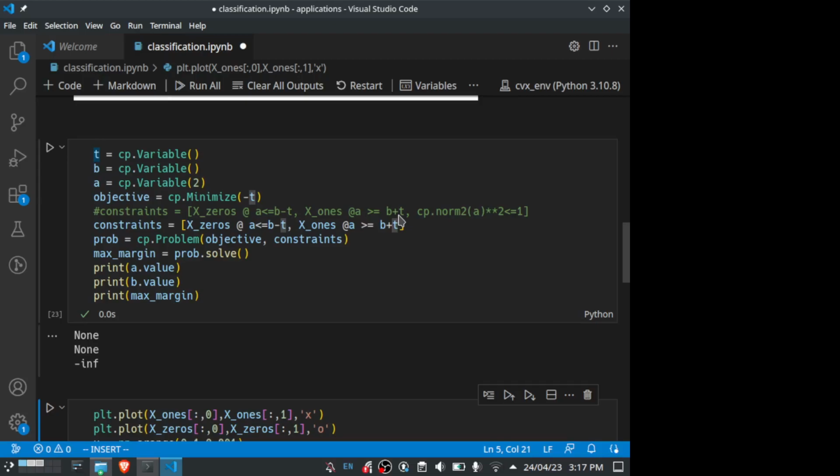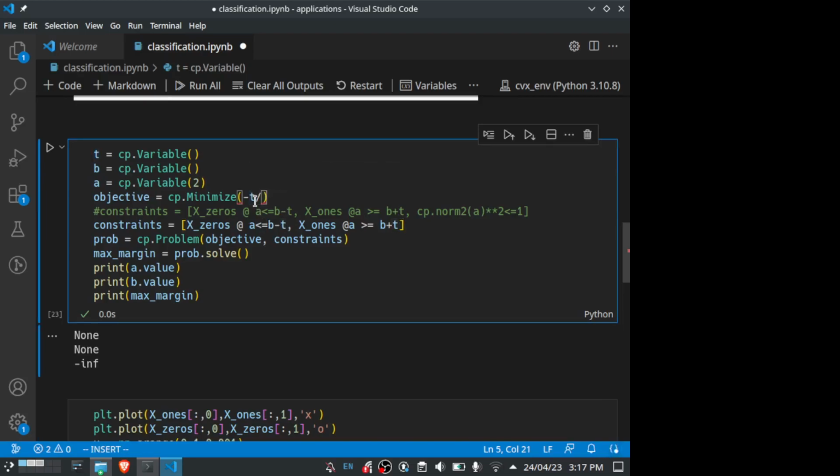Sure. Then it's going to be a DCP issue because you're dividing by the norm. But there could be another way.